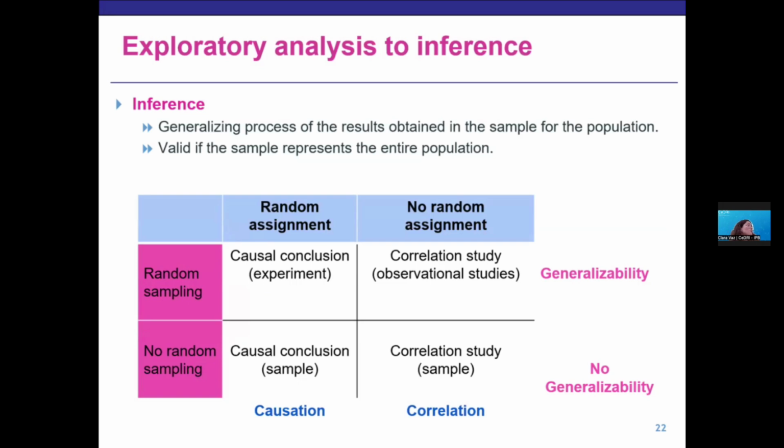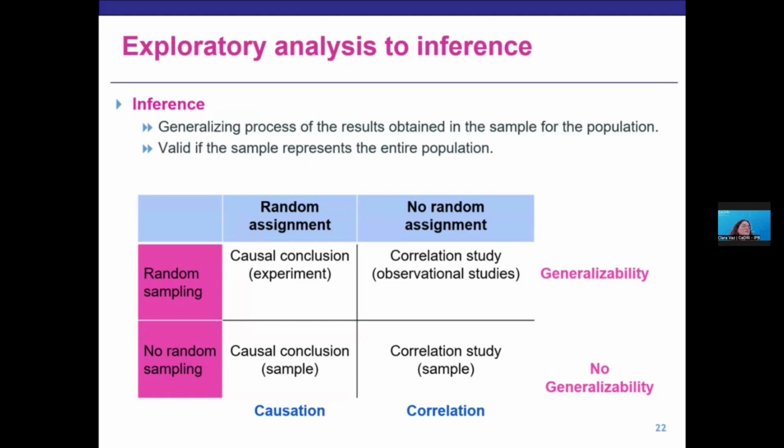To go from the exploratory analysis using samples to the populations, this process is the inference. It is very important that the generalization is only valid if the sample is a random sample that represents the entire population.